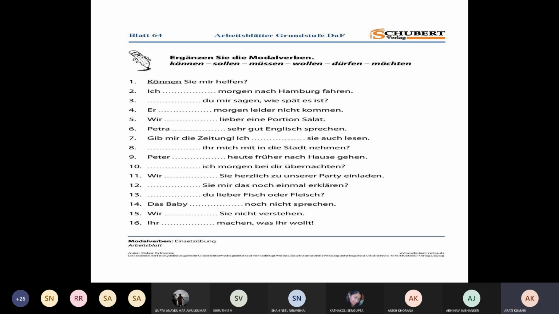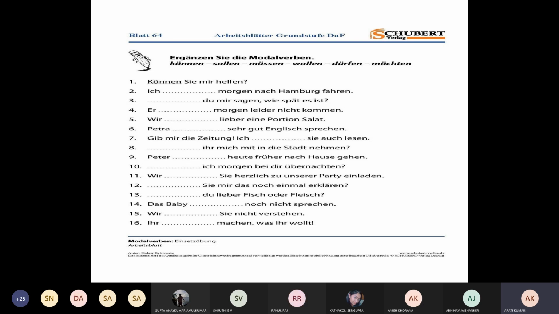Wir möchten Sie herzlich zu unserer Party einladen. We would like to invite you heartily to our party. So we use here möchten.